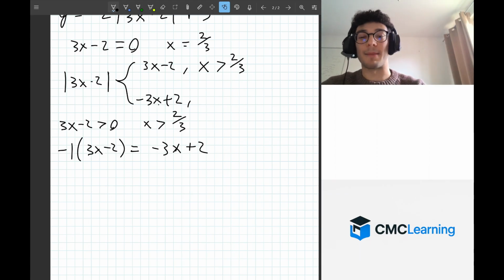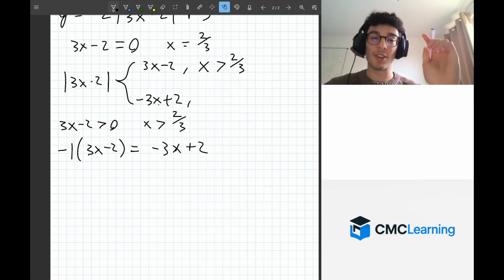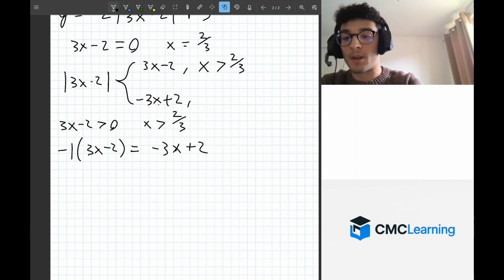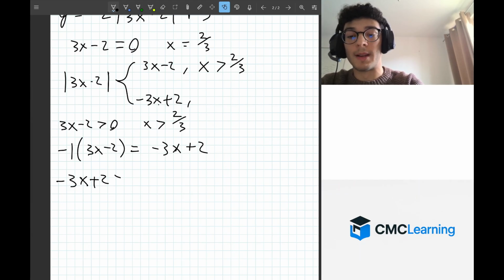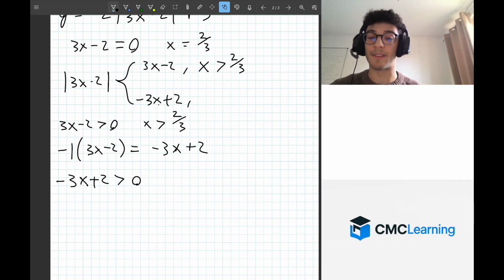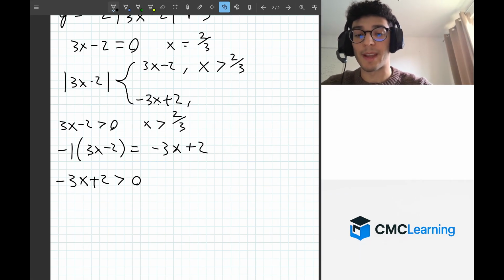Now we can do the very same thing. Let's consider when this is positive. We should get something essentially the opposite of this. We need to find a value for x such that minus 3x plus 2 is greater than 0. We can move the 3x to the other side, divide by 3, and we're left with 2 over 3 is greater than x.